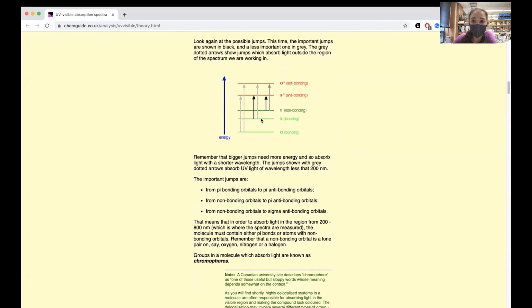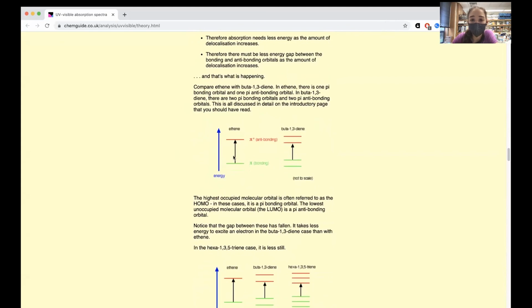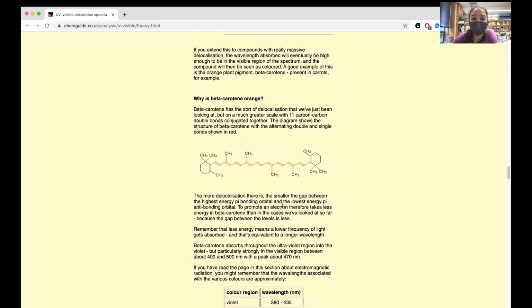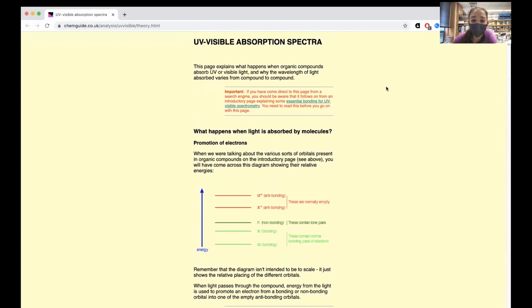You can promote an electron from a pi bond, a bonding orbital, to an antibonding orbital. And with more conjugation, you get the levels closer together. If you want the really geeky stuff about it, I really recommend this site.